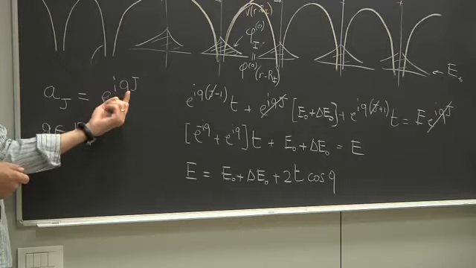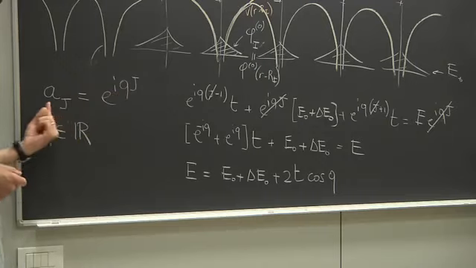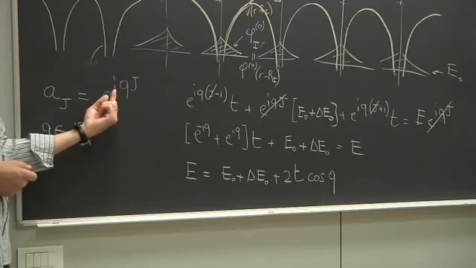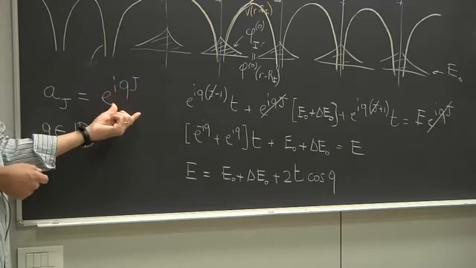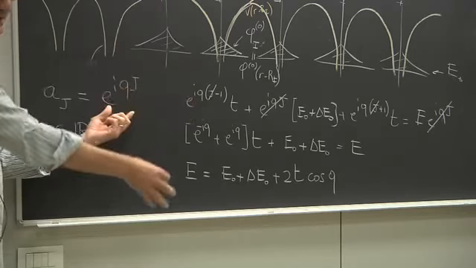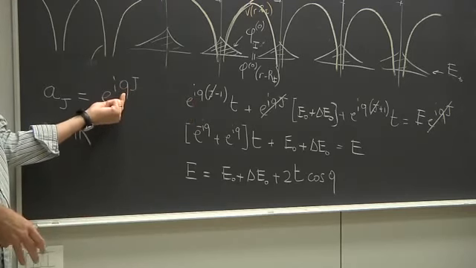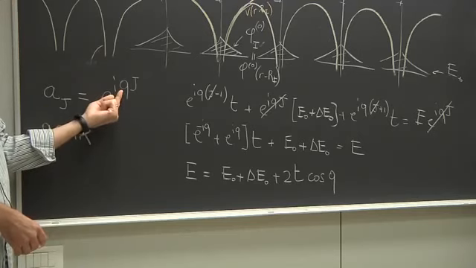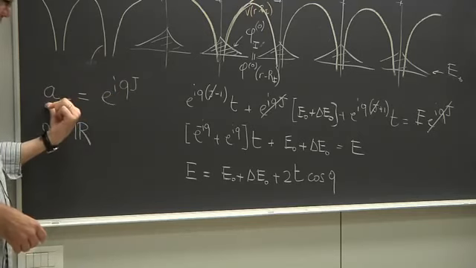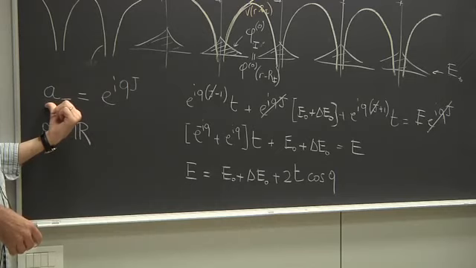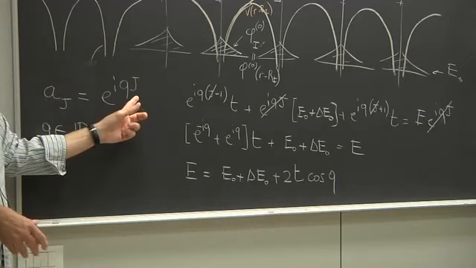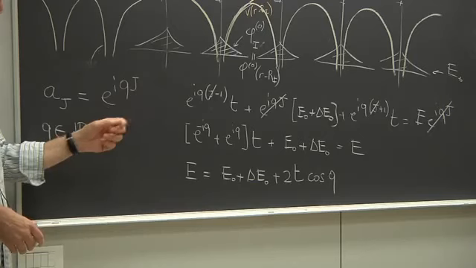For every q real, a_j equals e to the iqj is a different solution. It's a different set of infinite numbers, right? If I change q, it will be a different set of infinite numbers. For example, q equals to 0. All the a_j's are 1, right, for every j, correct?